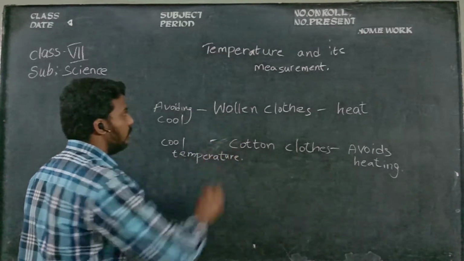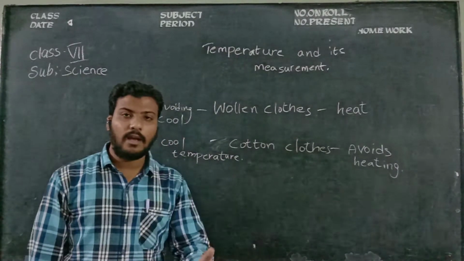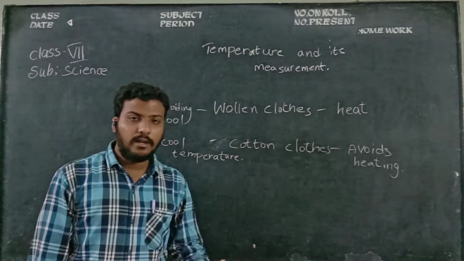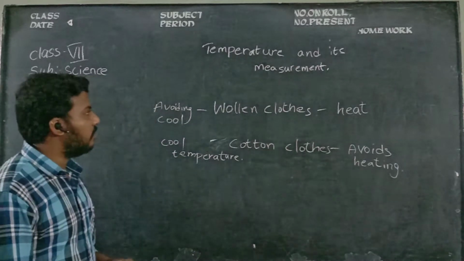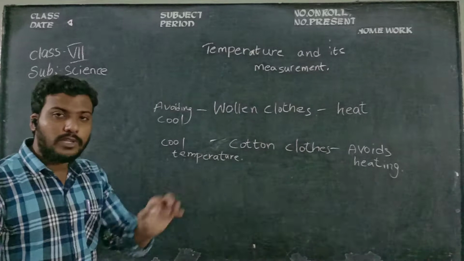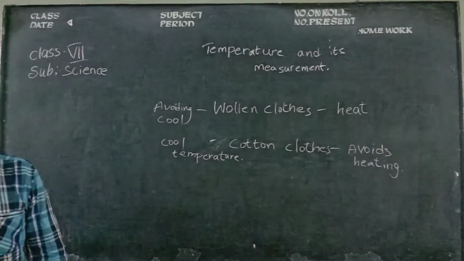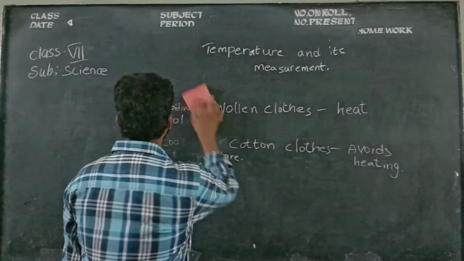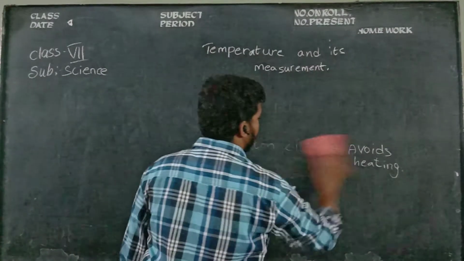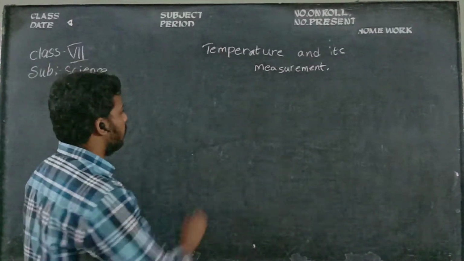Cool temperature. So children, heat and cool are two objects. First of all, I want to say only about heat. So we'll see regarding heat. So what is heat?